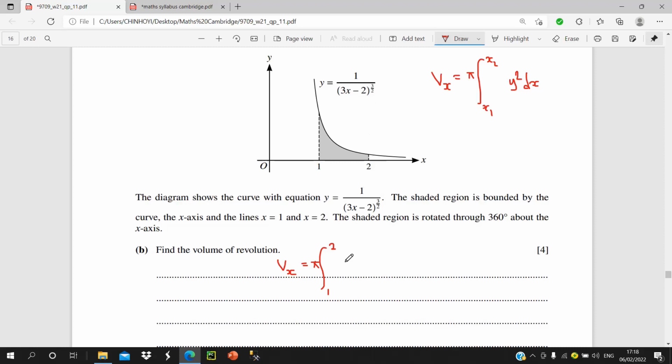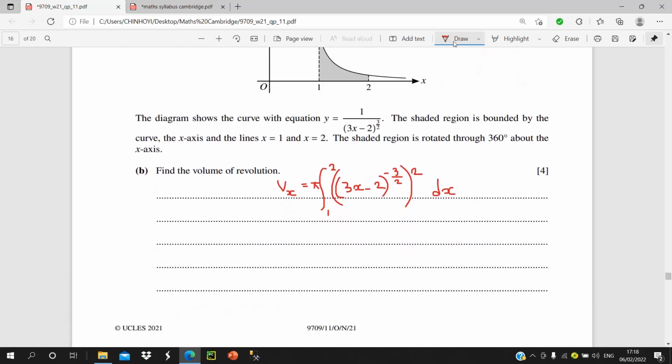But let me write it like this. This is our y: 3x minus 2 to the power of negative 3 over 2. Then I'm going to square it, then dx. So let me simplify.